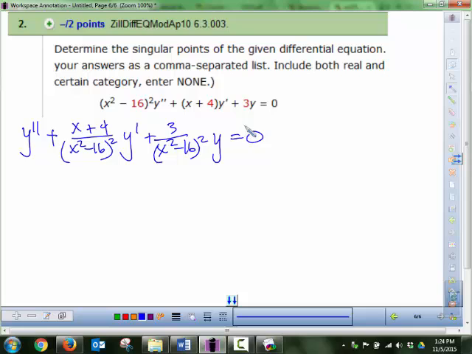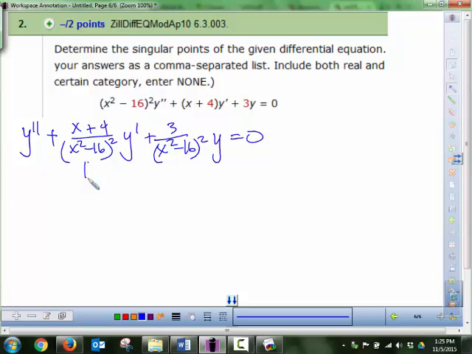I think we can do some simplifying. I think we could simplify this p function at least. There's an x plus 4 in here somewhere. I can take that out, and there's going to be one more x plus 4 left.